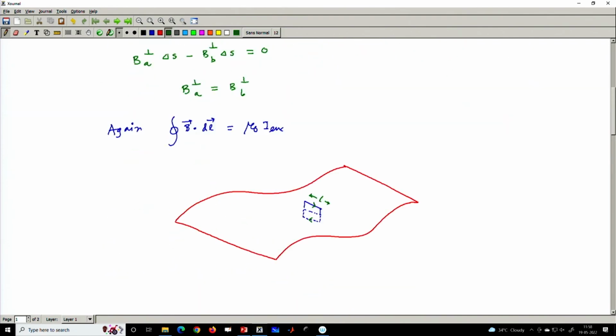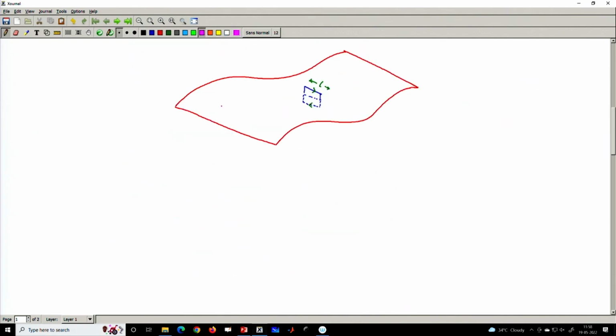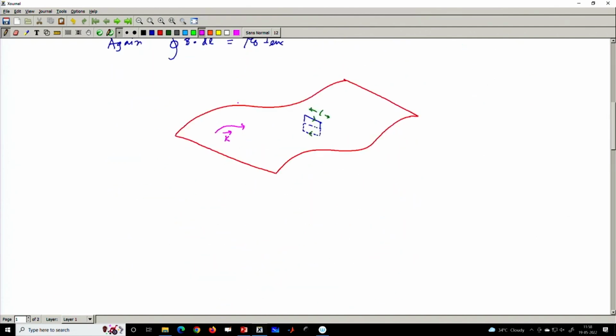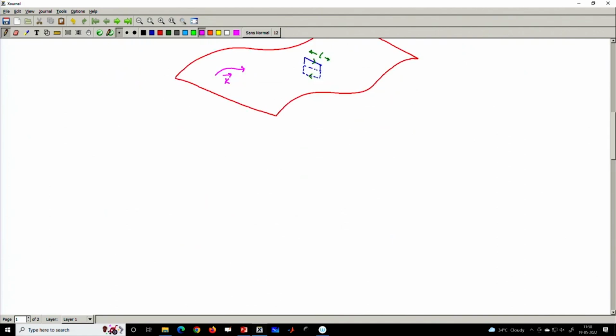So, surface current should play a role here, the way we draw the surface current. So, I just draw it like this. Now, the B parallel component, like the way we draw here, should be like this.